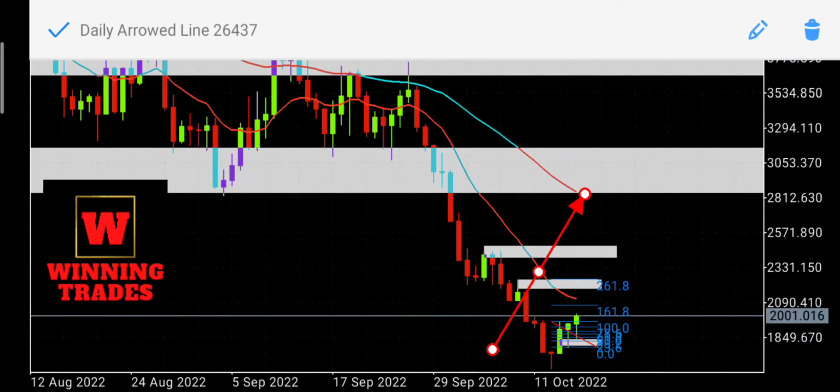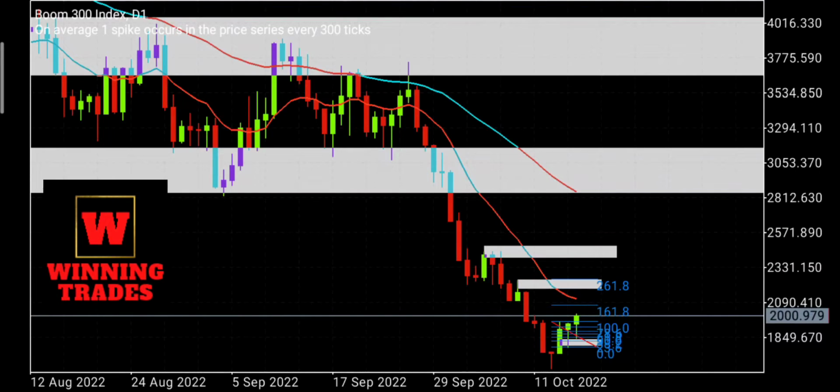Okay, so our bias for Boom 300 is a buy for this week. Okay guys, so what you need to do is to be looking for buy setups, confirm the buys before you enter. So that's my position for Boom 300. I'm in favor of a buy. Okay, that's for that.